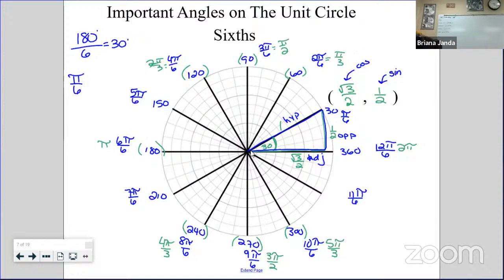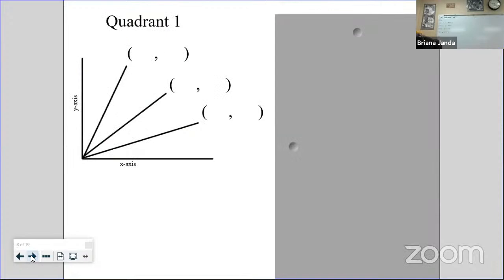Okay, so enter in now method 2. Method 1, draw those right triangles for whatever your reference angle is. Think through SOHCAHTOA. Method 2 for learning your unit circle is to memorize quadrant 1. Once you know quadrant 1, you know all of the quadrants, because all you have to do is change the sign on either your x or your y value.